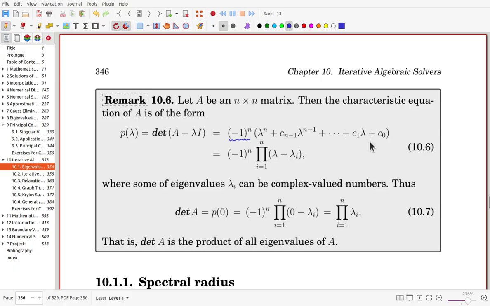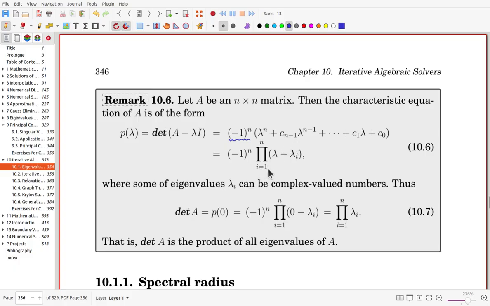Assume we have eigenvalues. Then we can write this portion in this way. Also, if we allow complex values, then this non-constant polynomial can be factored into linear factors.